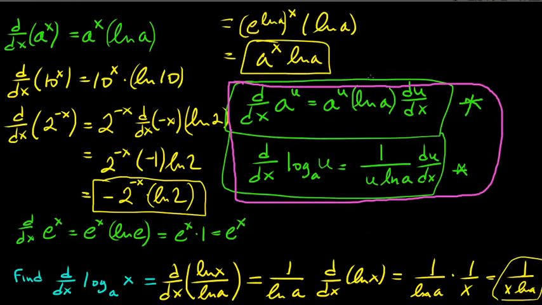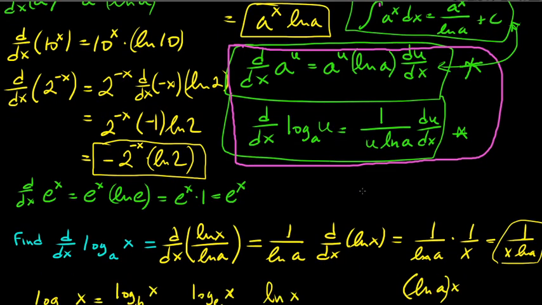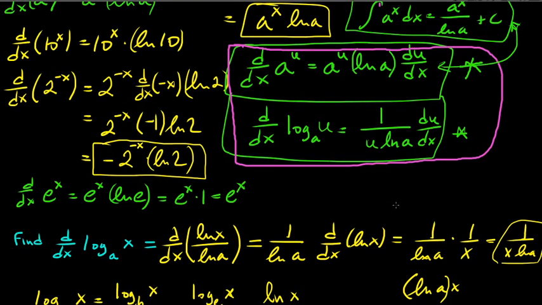When you're taking the integral of a to the x, then it's still a to the x, but then you divide by log a. So don't get the integral mixed up with the derivative. And you also divide by log a when you're doing the derivative of log base a.